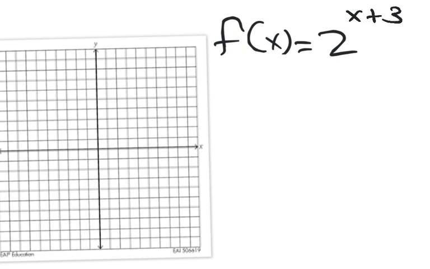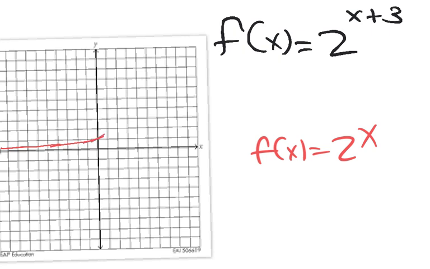Anyways, I'm going to graph my original. 2 to the x looks something like this, originally. And so this one, going left 3, means the point that used to be at 0, 1 is now at negative 3, 1.